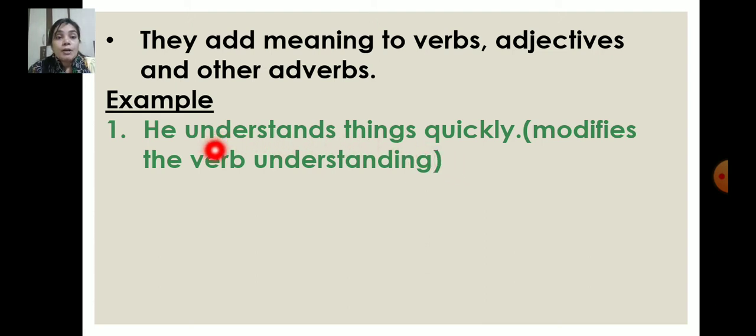Here he is the pronoun, understands is the verb. So how does he understand? He understands the things quickly. So this quickly modifies the verb. So quickly is the adverb.